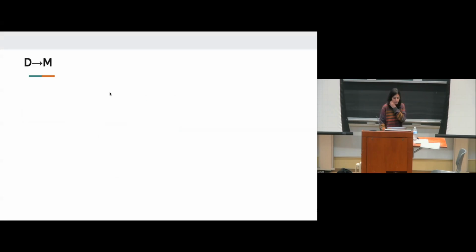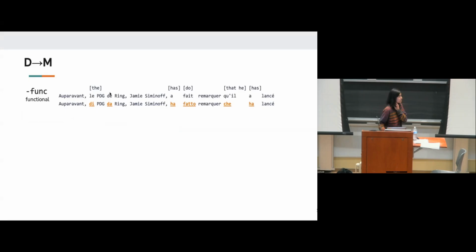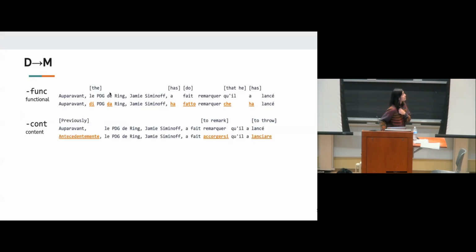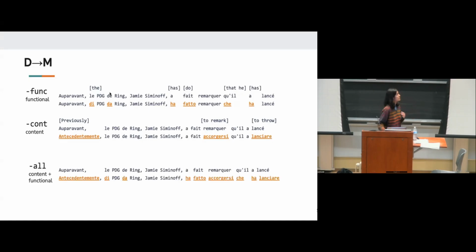These are just examples of what it looks like when we apply this denoising, as we call it. On the top, that's function word denoising, we're switching out words like the, has, do, whatever. Then content word denoising switches out content words, and then we can also combine both of these and change whatever we see in the input.